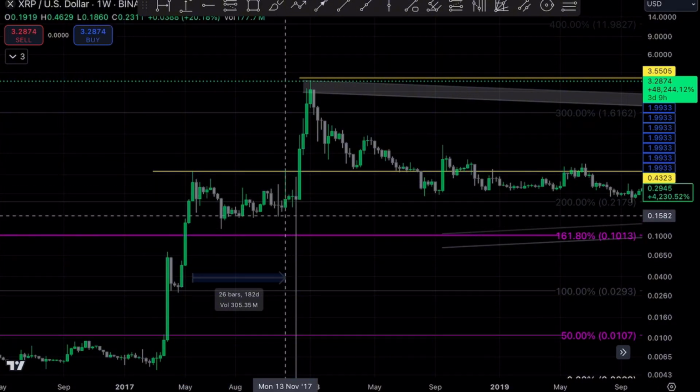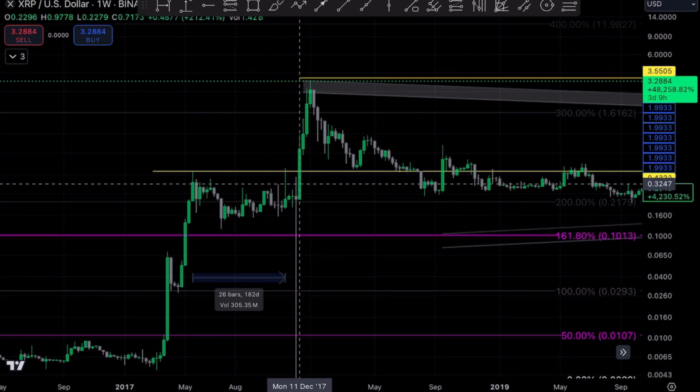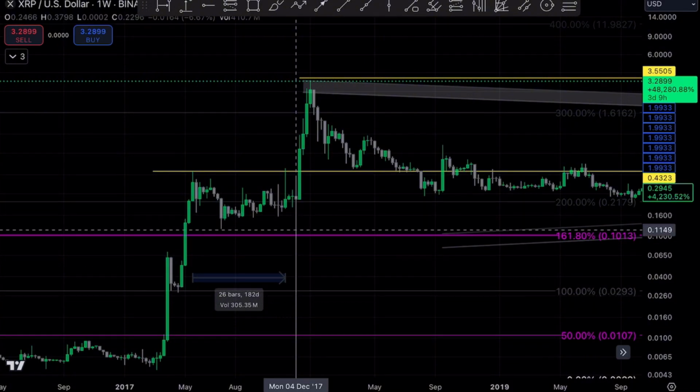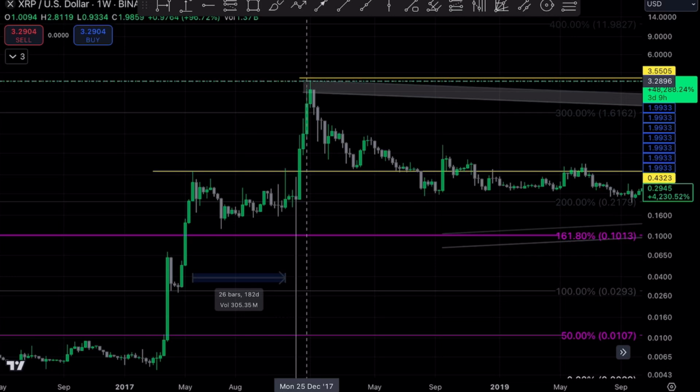It came back down, and then it made this huge spike down. Now, I don't know what was happening at that time, and then it finally bounced out of that and made a new high.